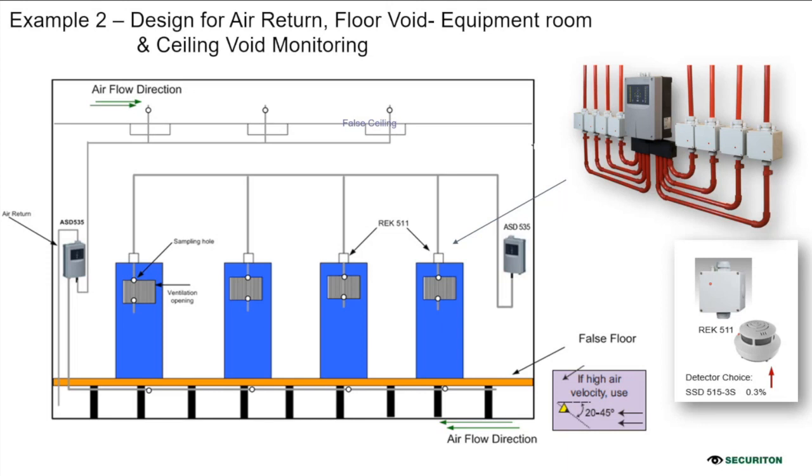In the fab and sub-fab areas, you will have equipment. These equipment can be individually monitored and addressed in case of an incident, if there's a fire incident on a specific piece of equipment, by using special detectors called REK, which will be incorporated into the ASD.